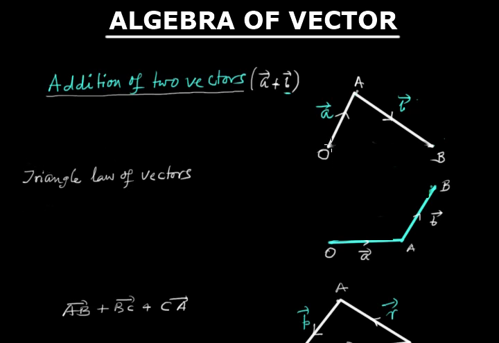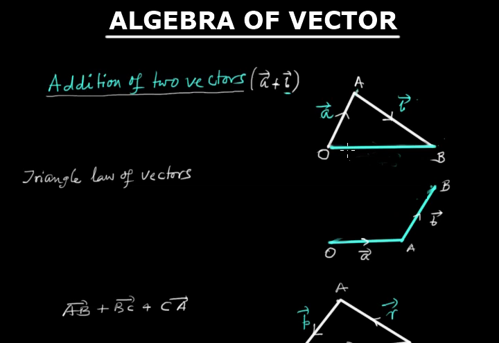Now how to add this? From the initial point O to A is vector A, and from A to B is vector B. So now if you start from the initial point O and join to B, then OB is the addition of two vectors.